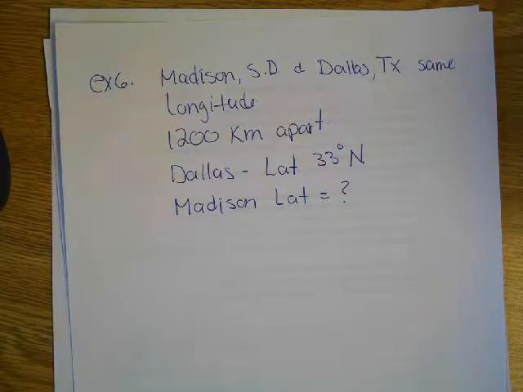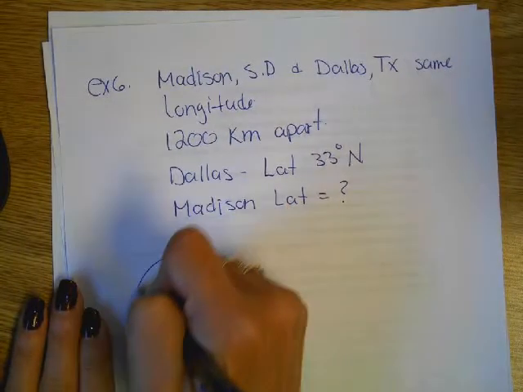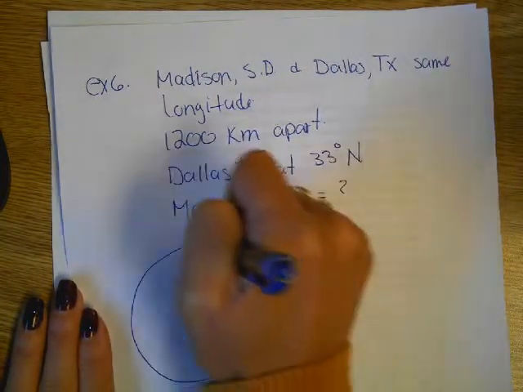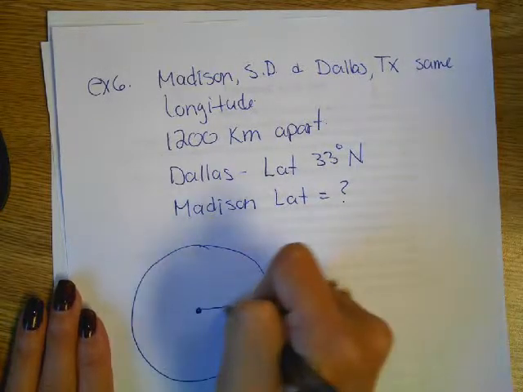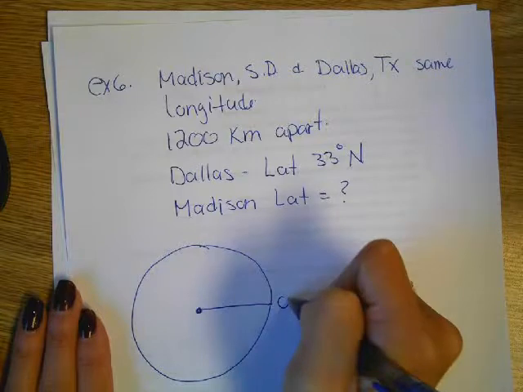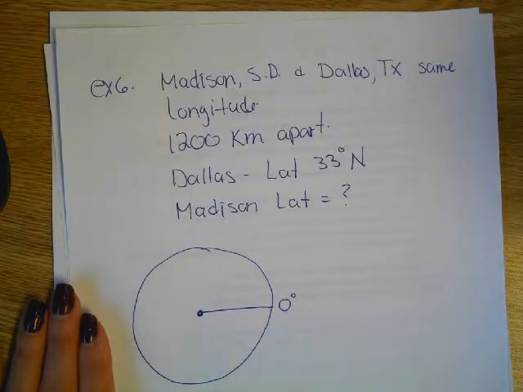A picture's definitely going to help you out on this one. Are you ready? So, give yourself the Earth. I would always give myself an equator, because the latitudes are measured from the equator. There's our 0. We've got Madison, South Dakota, and Dallas, Texas, so you gotta know a little geography.